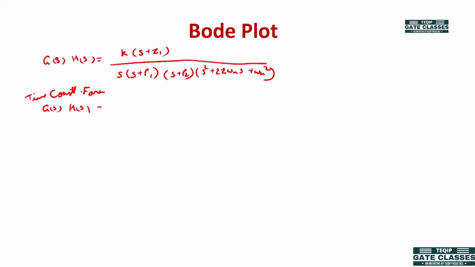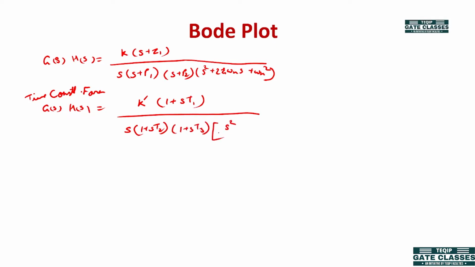So our open loop transfer function will become K dash (1 plus s t1) upon s (1 plus s t2)(1 plus s t3)(s square upon omega n square plus 2 zeta s upon omega n plus 1).